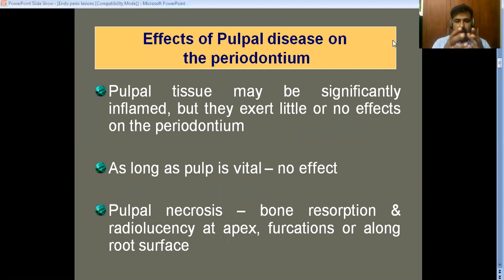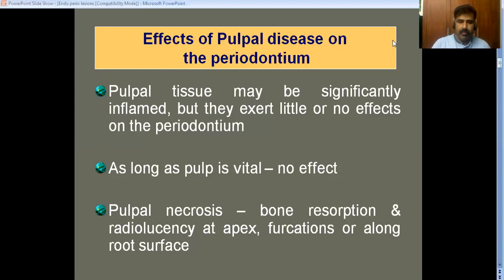You all know that you have an apical foramen through which the pulp communicates. You have accessory canals, lateral canals. All these are communications by which the periodontium and the pulp can communicate. So whenever there is a lesion in the pulp, this lesion can spread beyond the root canal system to the surrounding periodontal tissues and it can exert its damage.